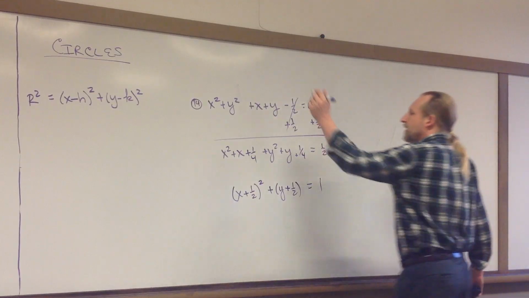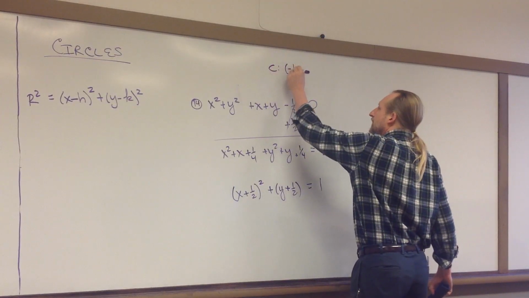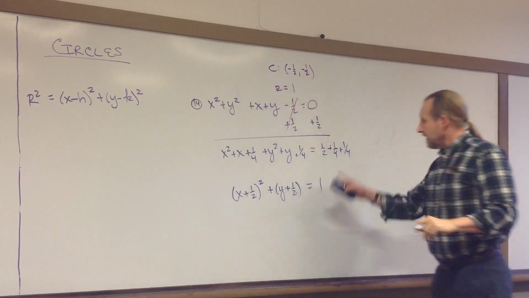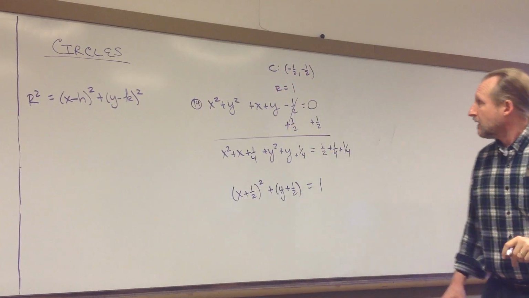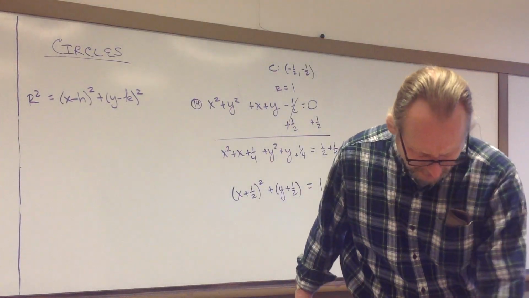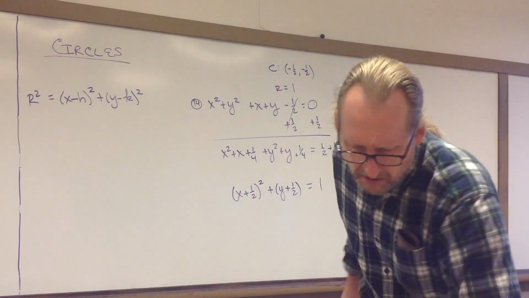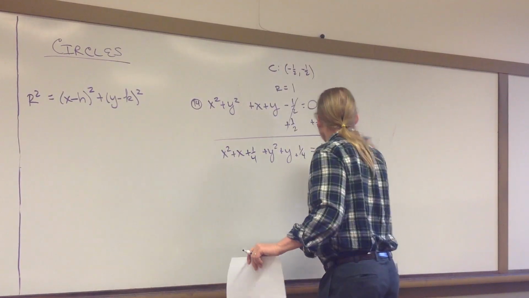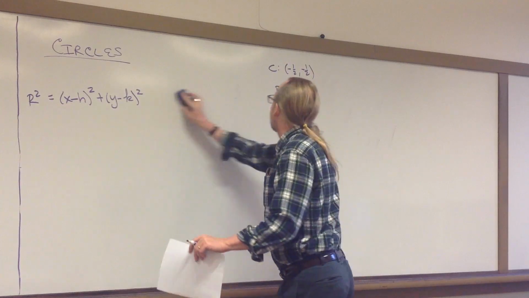There's our standard equation. The center is at the point (-1/2, -1/2), and our radius is equal to 1. Okay. That's problem 14. I guess we'll just do the rest of these. Problem 16 is next.